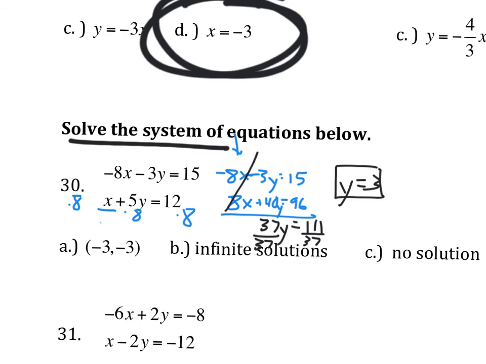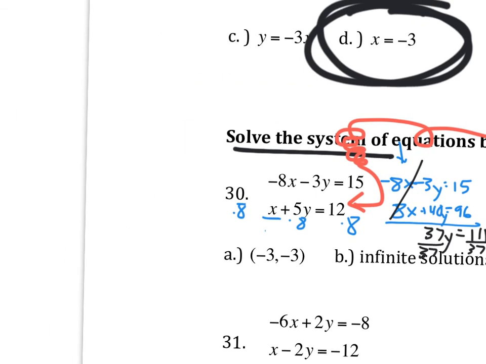You go back into whatever equation looks easiest to you. Can't decide. Oh, I choose the bottom equation. That bottom equation is x plus 5y equals 12. But Mr. Lauritsen, we know what y is. Great point.